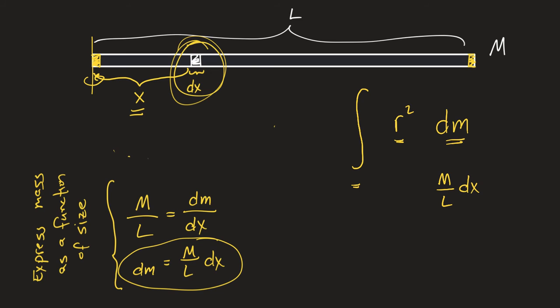Our second part is to find out what variable would work best to explain how far away my piece is from the axis. Now, we picked a variable on purpose that would do that. It's x. So I'm just going to put x squared here.